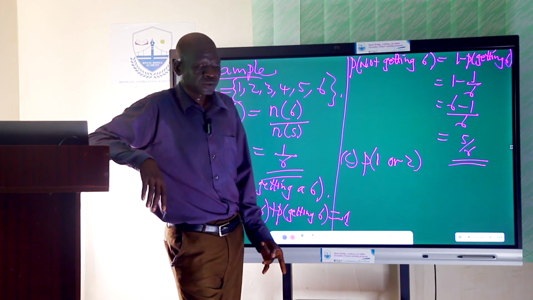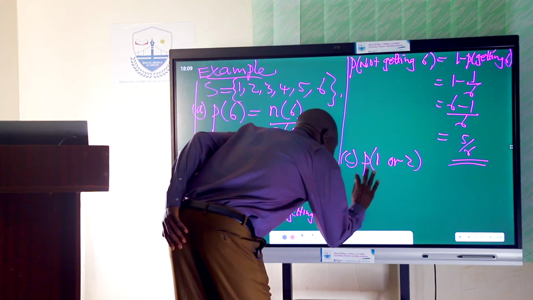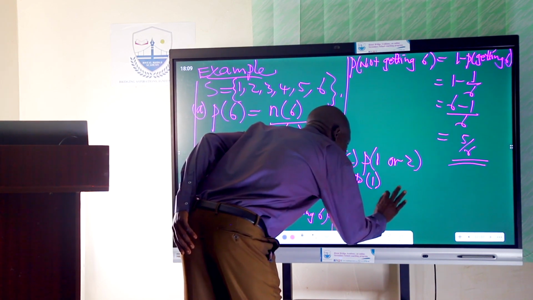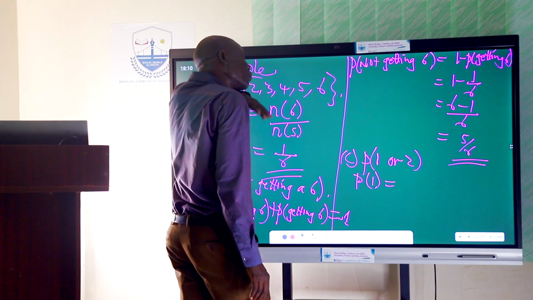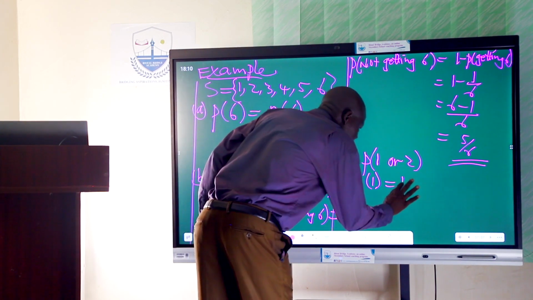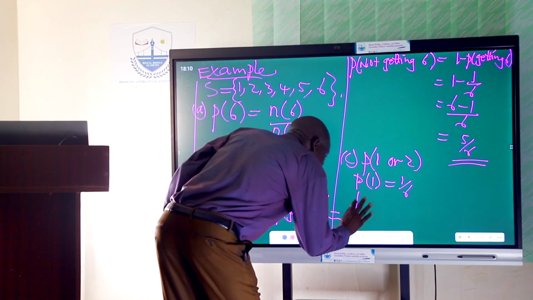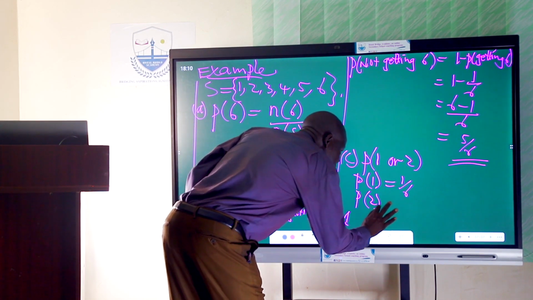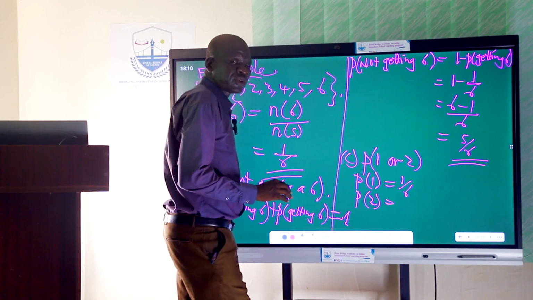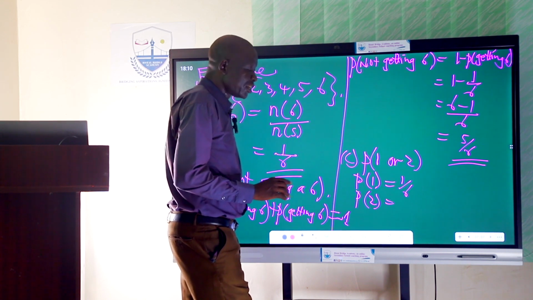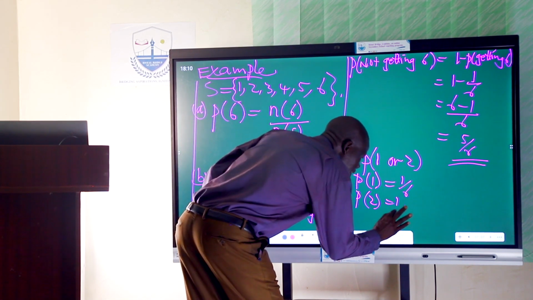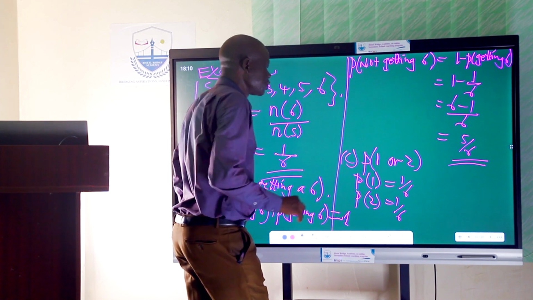We add them. So in this case, P of getting a 1 is equal to the number of ones which are there, which is 1, out of the sample space 6. The probability of getting a 2 is equal to the number of 2s which we are seeing on the die. There is only one 2. That is 1 out of 6 now.